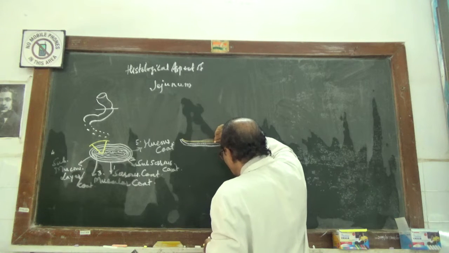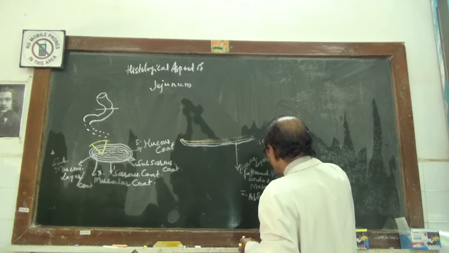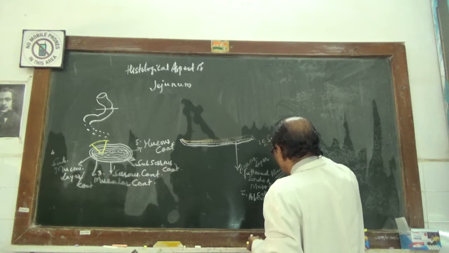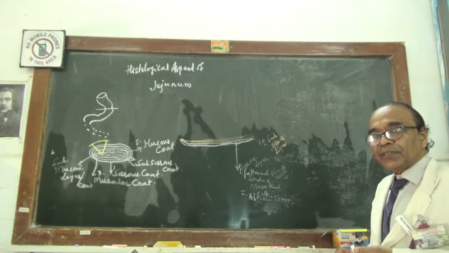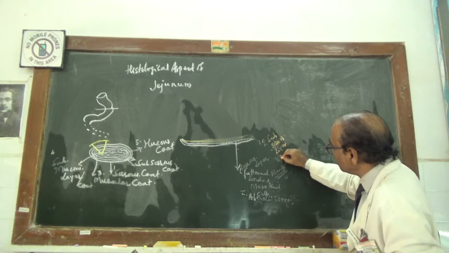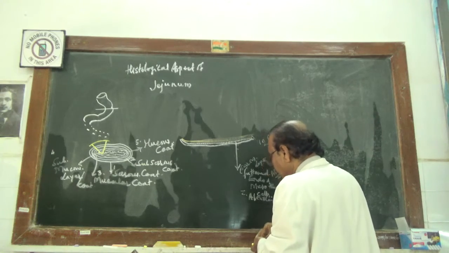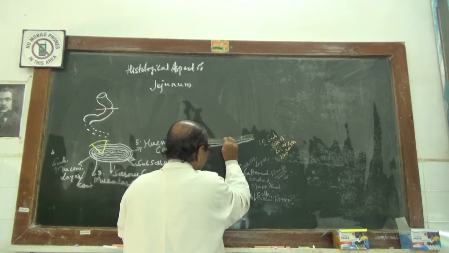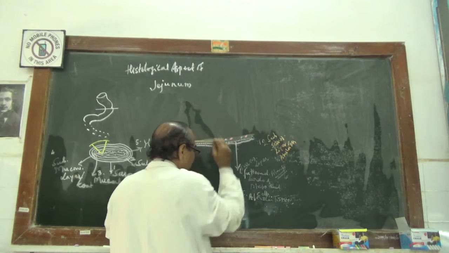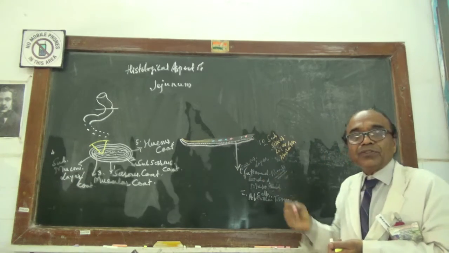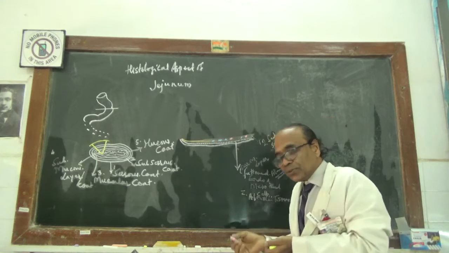Now this subserous layer contains an abundant amount of areolar tissue with fine venules and arteries which are coming from the serous in connection with the jejunum via the arcades to the jejunum.